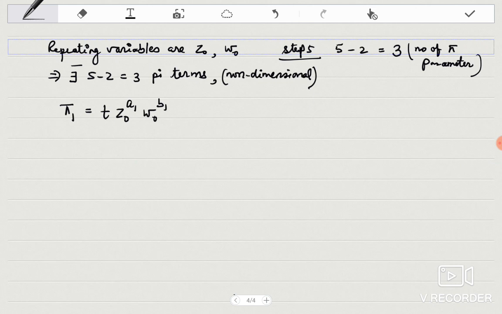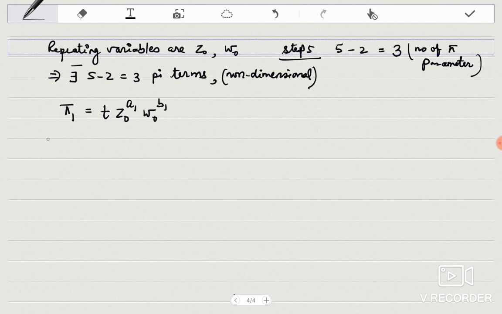This is the parameter corresponding to which I want to find a pi term. So I write pi 1 is equal to t, the parameter corresponding to which I want to find a non-dimensional parameter, and then a repeating variable to some power, another repeating variable to some other power. So I write pi 1 in this form. And now what is this pi 1? Pi 1 is non-dimensional.